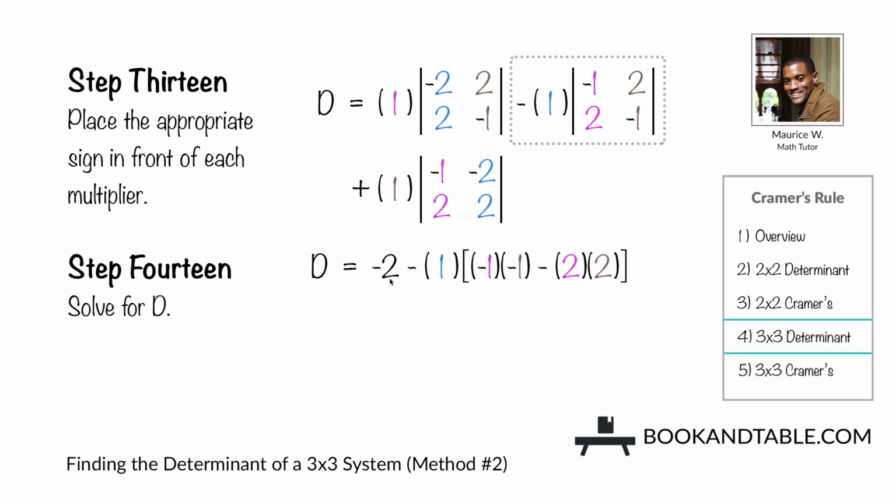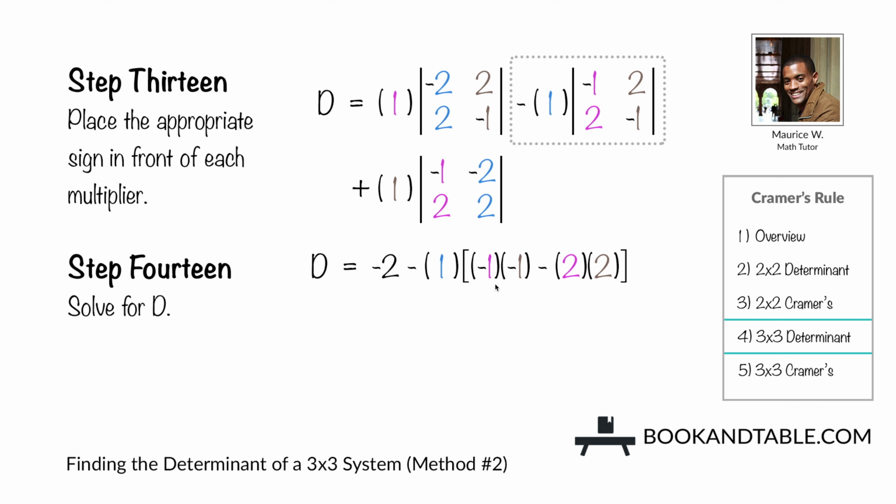And now we move on to the second one. So starting with the 2x2 matrix, we have -1 times -1, minus 2 times 2. And we're going to multiply this entire thing times -1.